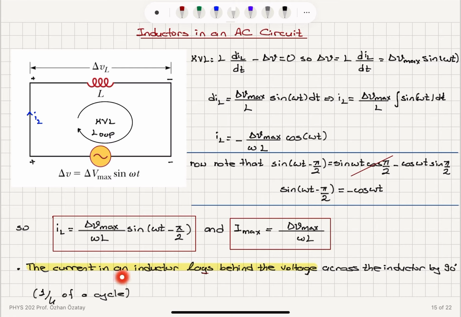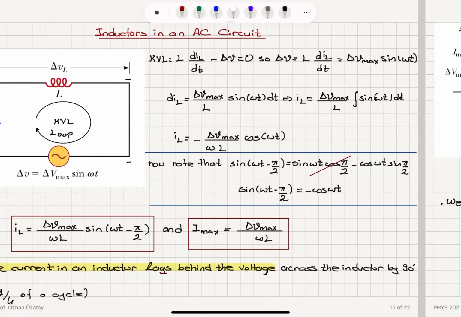The current in an inductor lags behind the voltage across the inductor by 90 degrees, which is a quarter of a cycle. So we have two important results: the maximum value of the current, delta V max over omega L, and the lagging of the current behind the voltage across the inductor by 90 degrees.